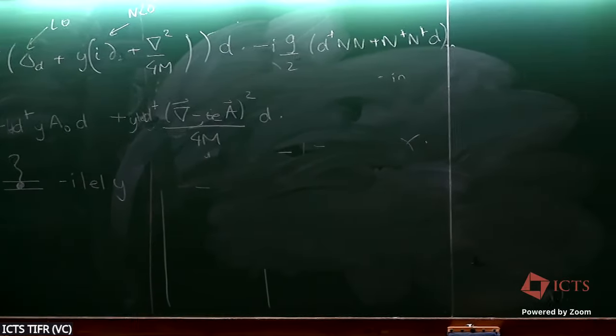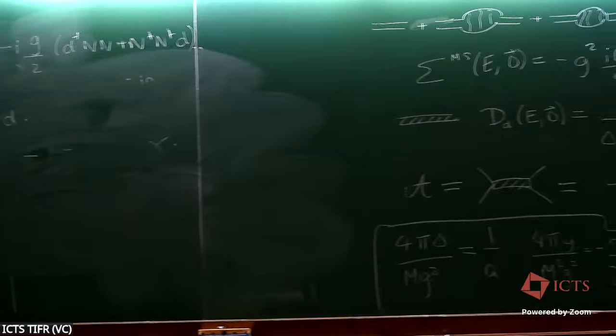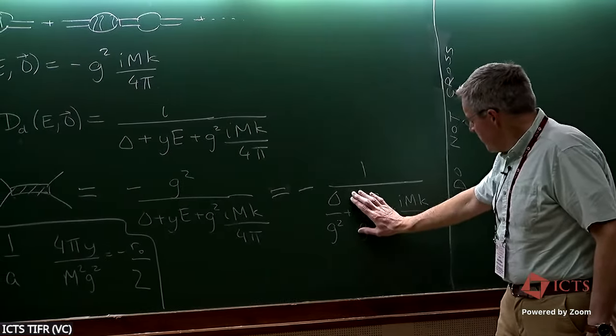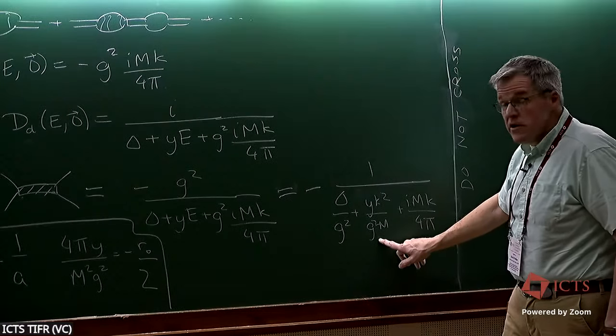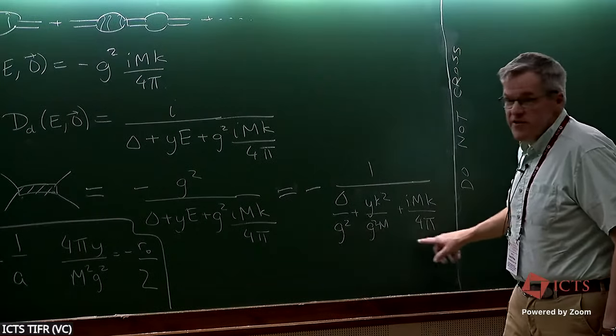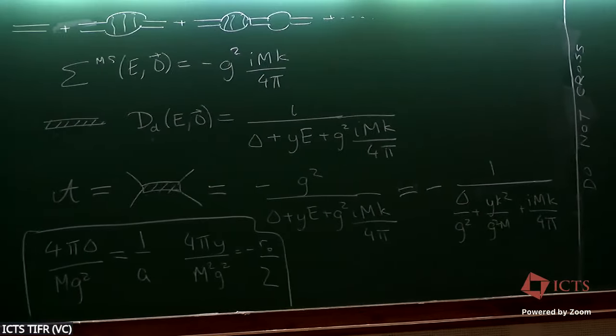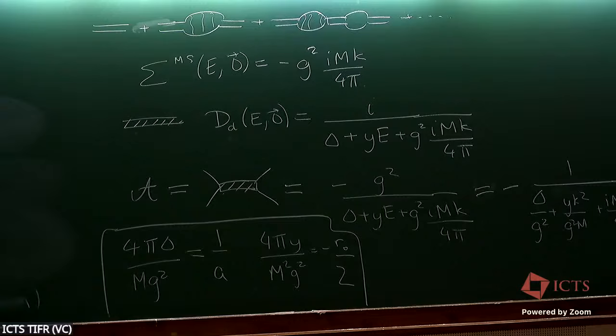So you find a pole, you compute the residue. That's what we did when we computed the wave function renormalization before break. But if I'm doing next to leading order, then I have this different structure downstairs and I'm going to get a different residue. So what we have to do here to do this calculation at NLO.